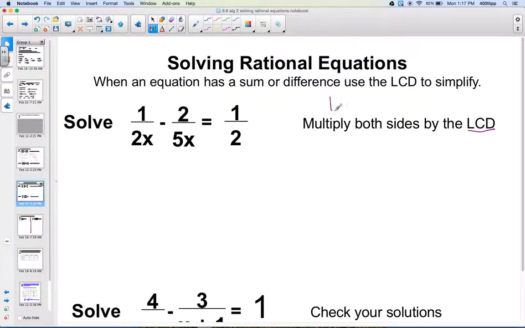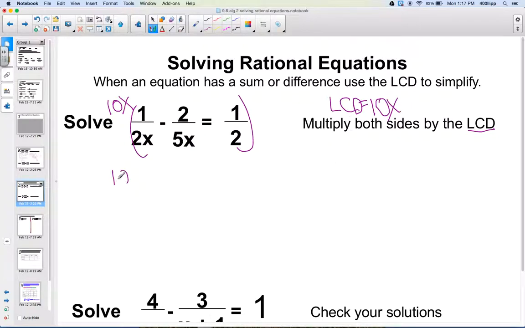So the LCD here is going to be, well, the least common multiple of 2 and 5 is a 10. And since we have an x in here, it's going to be a 10x. So I'm going to go ahead and multiply everything by my least common denominator, and that's going to cancel out all of your denominators.